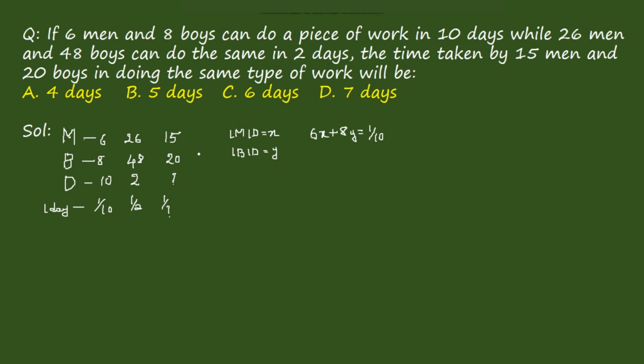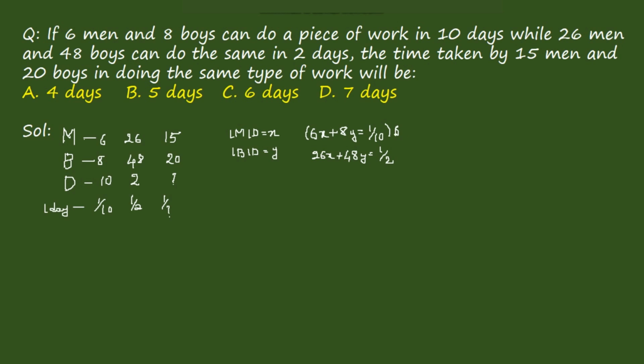Since 6 men and 8 boys complete the work in 10 days, 1 day work is 1 by 10. Then 6x plus 8y is 1 by 10, and 26x plus 48y is equal to 1 by 2. We will substitute these values and find the values of x and y.